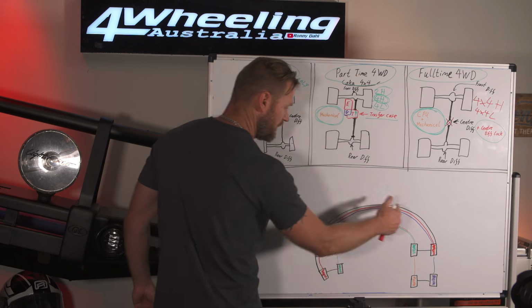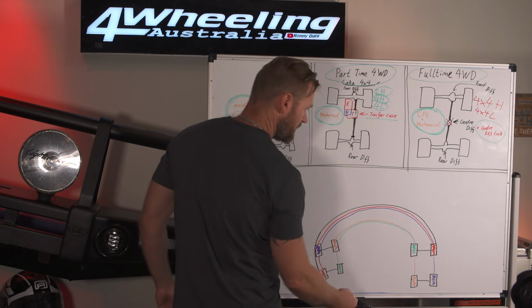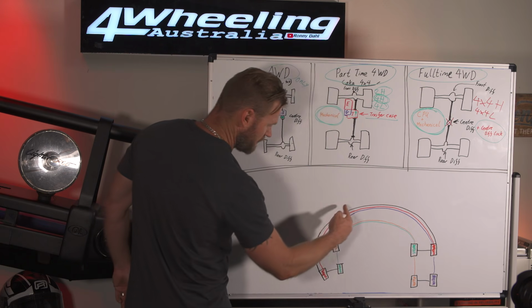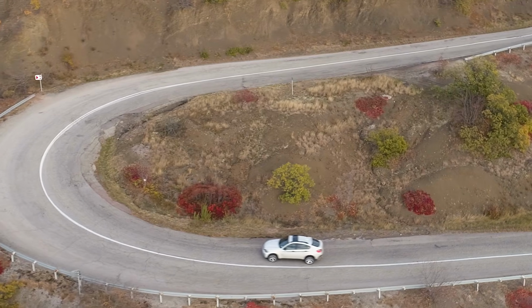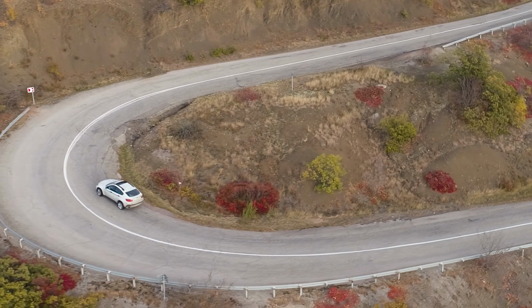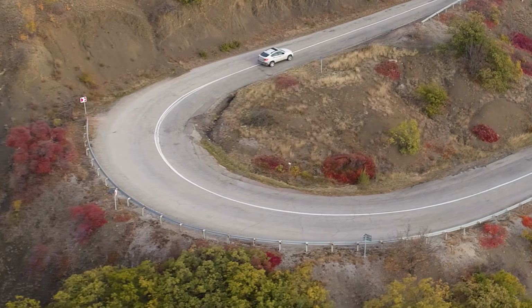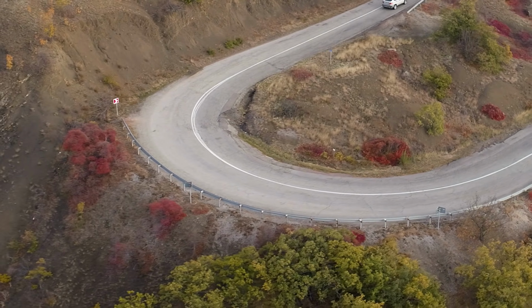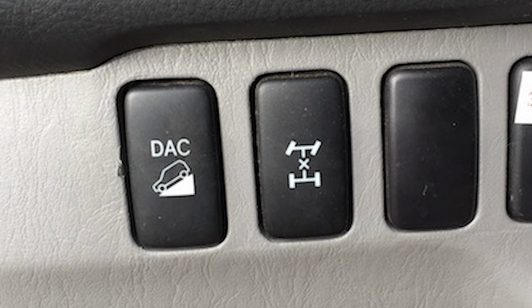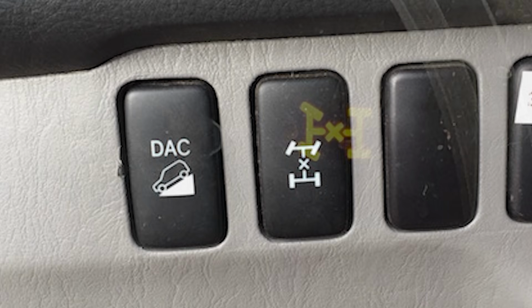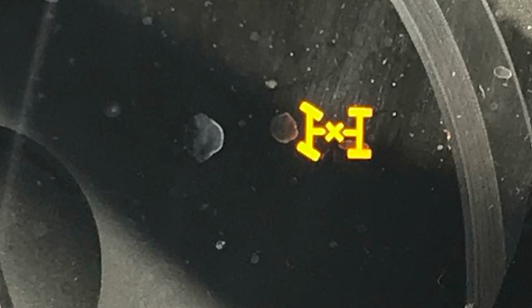As you can see here on my beautiful rainbow drawing, the outside wheels' lines are way longer. High traction surfaces when turning in two-wheel drive and all-wheel drive is fine because your differential is open. Power can vary between front and rear, but in four-wheel drive or when you're locked at center diff, the power cannot vary and this will cause problems.